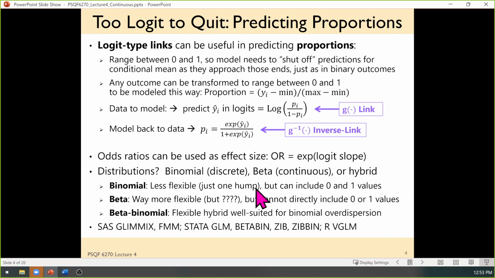In the same way that Poisson was sort of the starting place for counts, but it's rarely going to be sufficient, binomial is the starting place for these types of variables, but it's rarely going to be sufficient. So to do this, we're actually going to convert the outcome in its continuous proportion correct metric back to number correct so that we can use a discrete distribution.